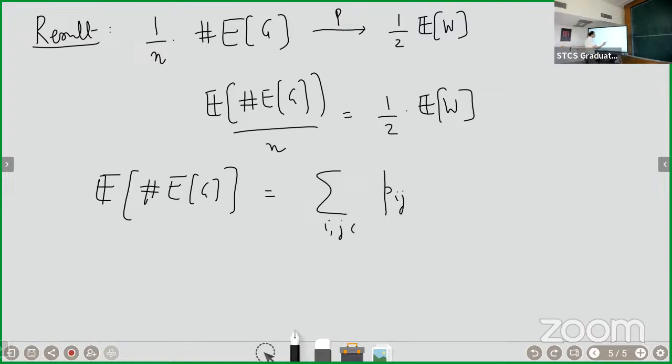These are the expected numbers. And how much is p_ij? Equal to w_i w_j over l_n. What's w_i w_j? I want you to upper bound this quantity in terms of l_n alone. Can you do it?